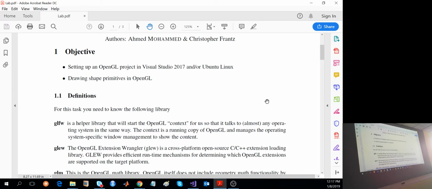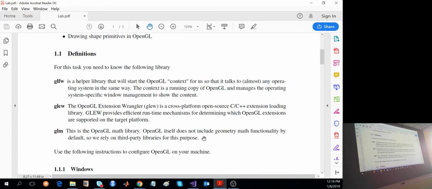It's mostly about getting things to run, setting up OpenGL and libraries, and playing with very primitive, hello-world-level OpenGL. So we need to download some libraries.